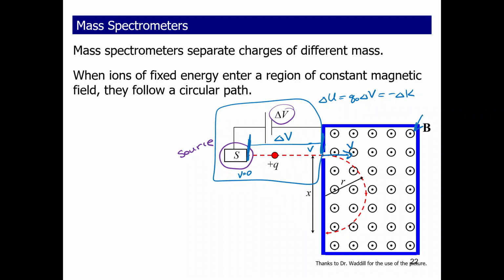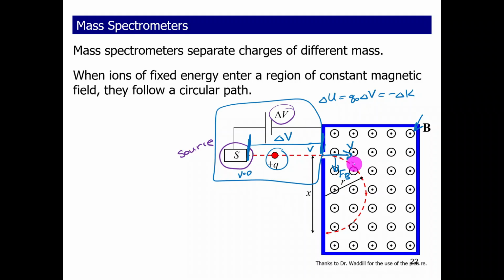This is a magnetic field, so your mass spectrometer has this uniform magnetic field that has a strength of B. Because this is a positive charge, if my velocity is to the right and my magnetic field's out of the page, I'd put my fingers to the right, my palm would be out of the page. That's going to point my thumb towards the bottom of the page.